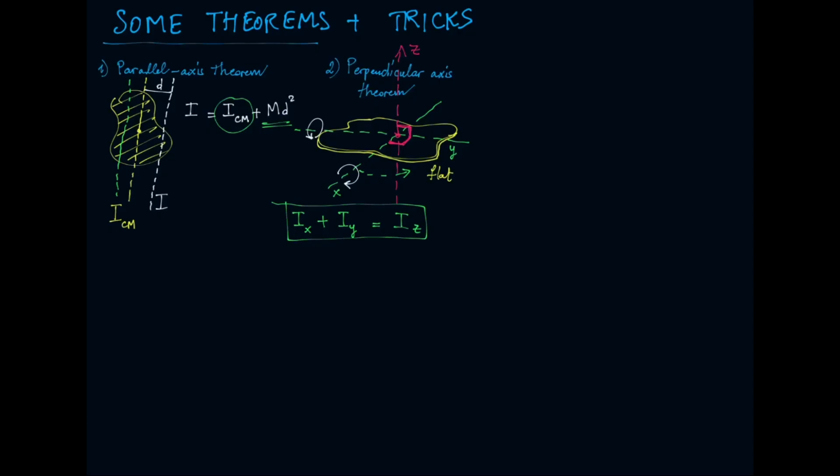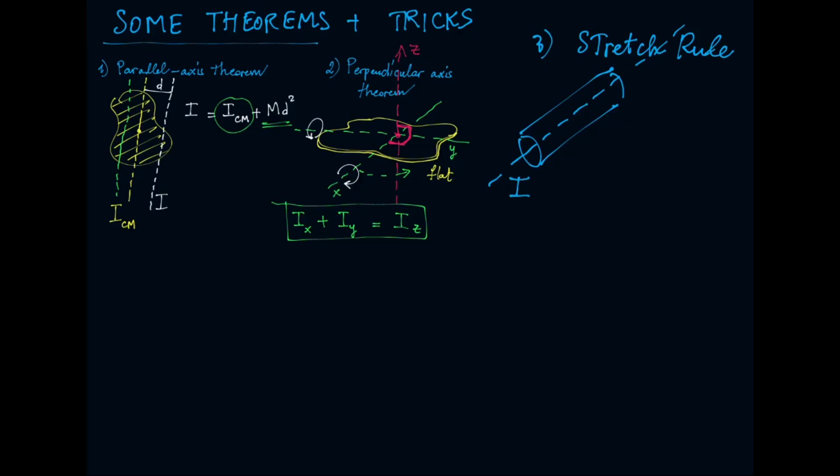Trick number 3, let's write it here. It's called the stretch rule. And the stretch rule is as follows. If you have an object, for simplicity, I'll draw it like a cylinder, and you know its rotational inertia around a certain axis.